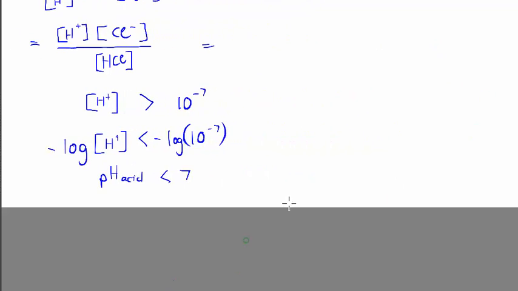And the same with a base. A base is something that increases the hydroxide ions. So if I work out the pOH, I'll find that the standard OH concentration is 10 to the power of negative 7.